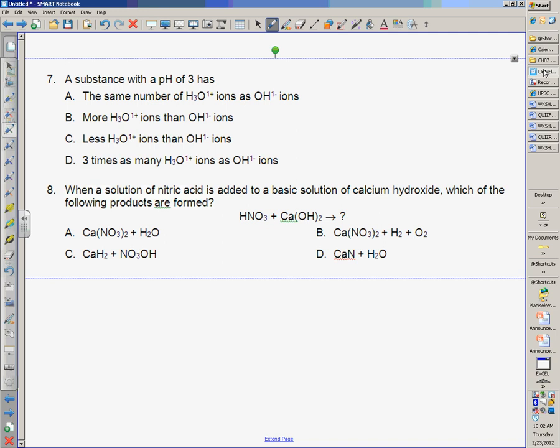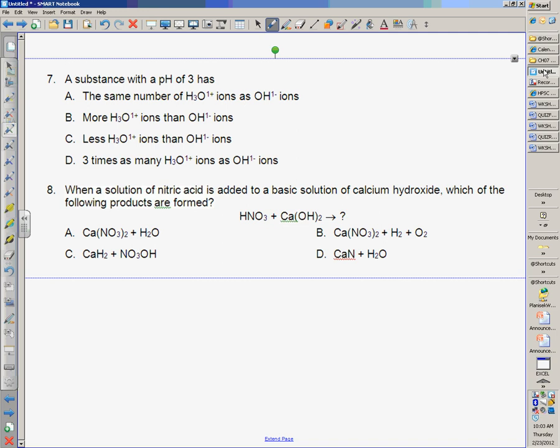So Allison, for number 7, pH. We talked about the pH scale in class. pH is a scale that runs from 0 to 14. It measures how acidic something is. 7 is a substance that is completely neutral. It's neither acidic nor basic. Pure distilled water is a 7 pH.